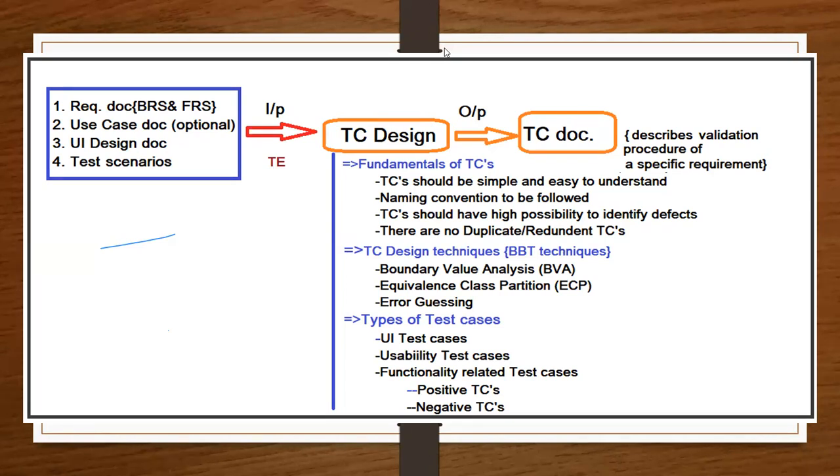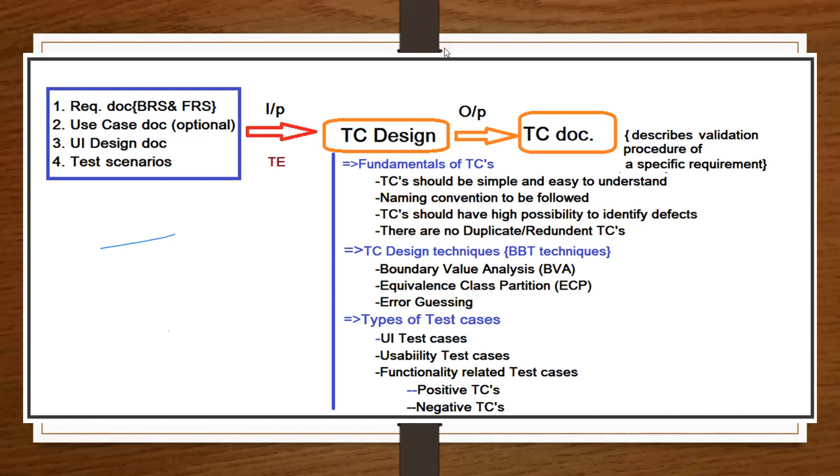That means test cases which you derive to verify the functional behavior, like when you click on a button or when you click on a link, how the application responds. Whichever test case you write like that, we are going to call functionality test cases. These are the three types of test cases: user interface, usability, and functionality related test cases.